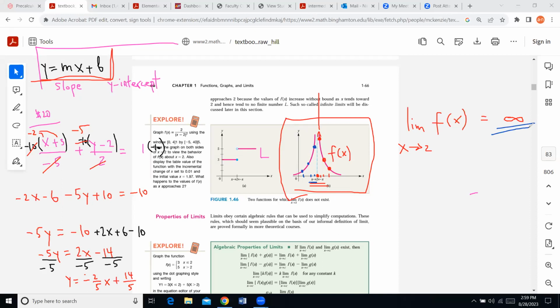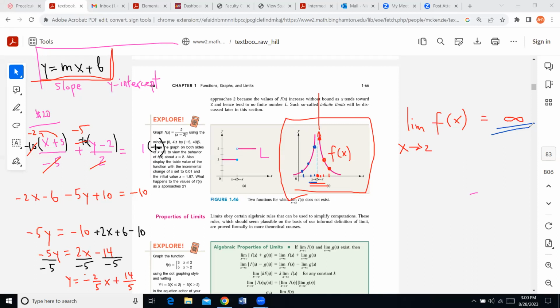So this is how it works. So on either side, when x goes closer to 2, our y coordinates are going to infinity. Just like that.